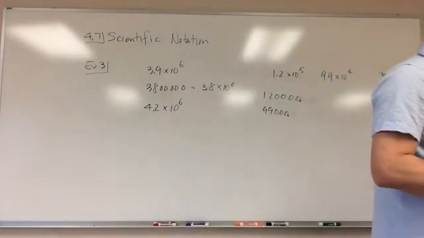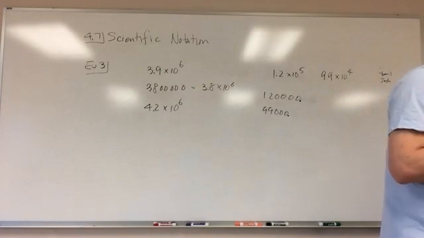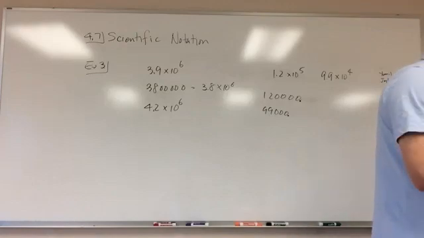Example number 3 done, let's do example number 4. A Wolffia plant is the smallest flowering plant in the world. One Wolffia plant has a mass of that many grams. At least you could fit it in a thimble. What is the mass of that many plants?